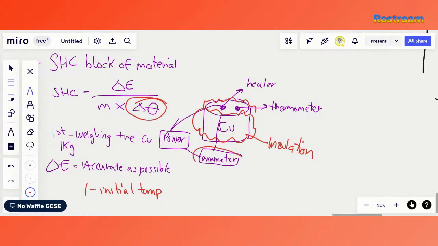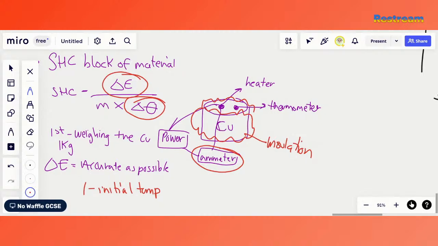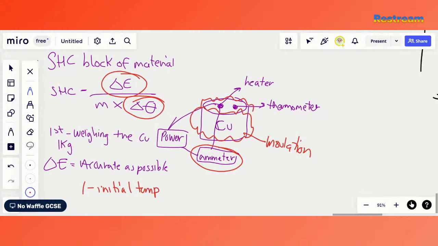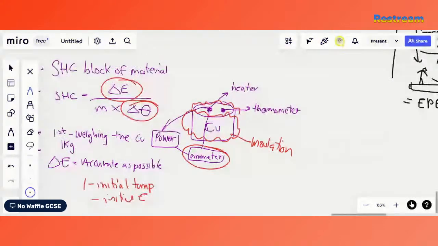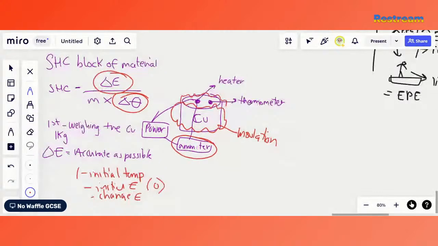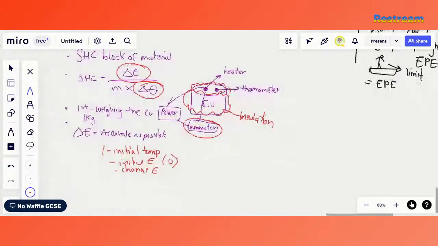Now, the reason why we have an ammeter is so we can measure the change in energy. So the initial energy will obviously be 0 because there's no energy in the copper block to begin with. And the change in energy is how much energy you have supplied to the material. So it will be X value.